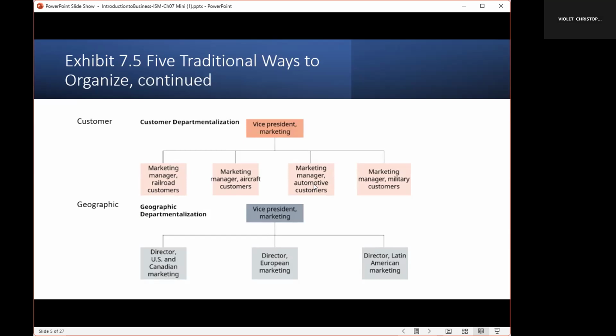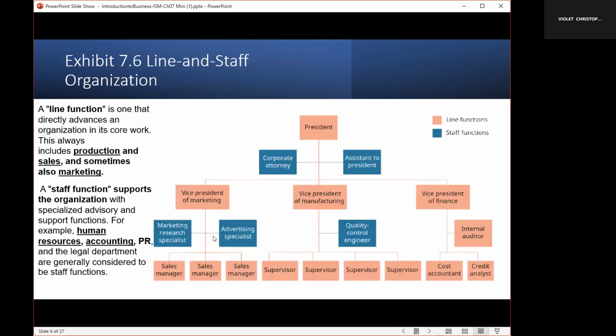So they would be a candidate for customer departmentalization. And then you can also organize by geography. You might have US and Canadian, European, and North American, for example. So those are the 5 basic ways of organizing.